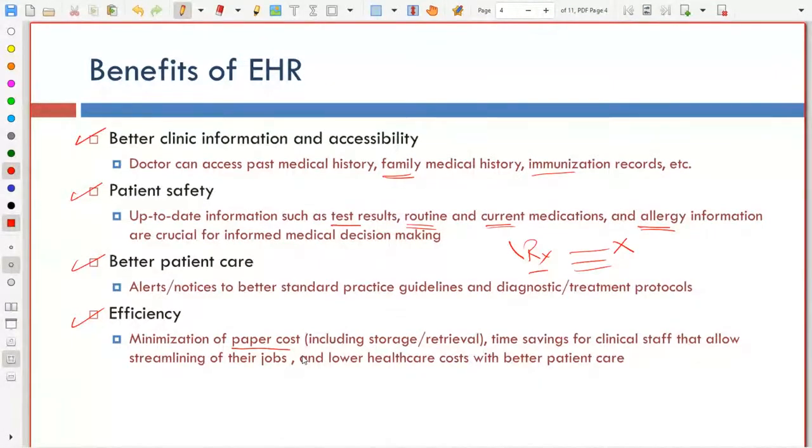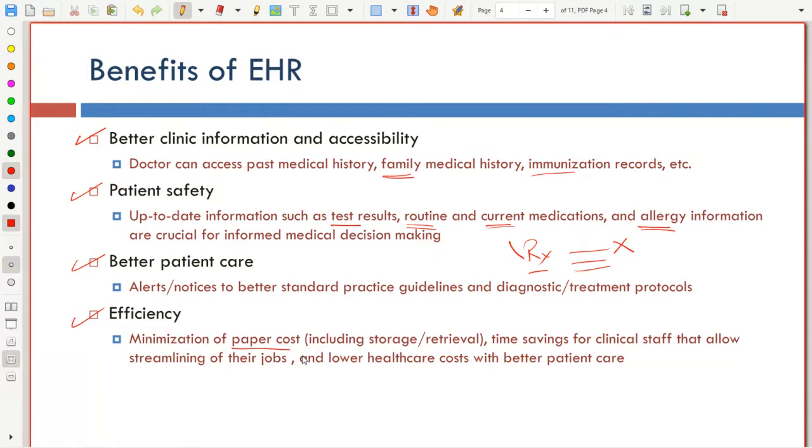First of all, you have to print all these things out. So you have paper cost. You have a problem that this file will never go small. It's always growing, okay? You're adding things to that file all the time. So if you have a particular storage area for patient files, you have to keep expanding. And this is a big problem, because sometimes you run out of space, okay?